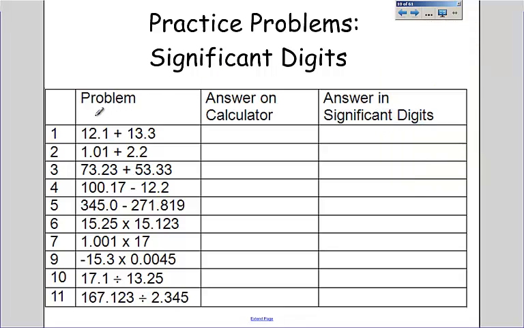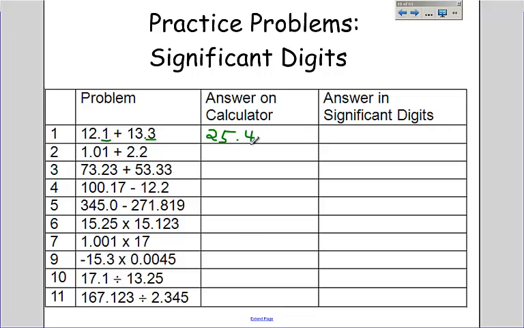Now, for addition and subtraction, remember we're only concerned about the numbers that are after that decimal place. Right? So we only have one number after our decimal place in both cases. So we know our final answer is only going to have one number after the decimal place. So we do our addition first. Our answer in our calculator, and this is going to be interesting because I'm using my mouse, is 25.4 when we add those two together.